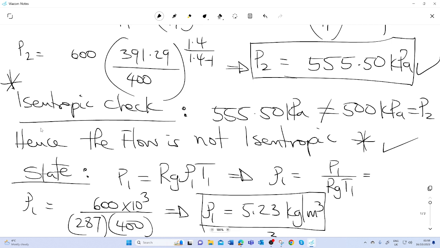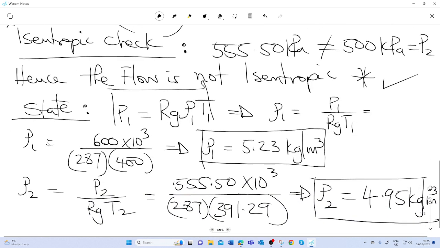Now, using the state equation, rho 1 equals P1 over R T1, we can find the density at the inlet. To slot in all the values, we calculate the inlet density equals 5.23.